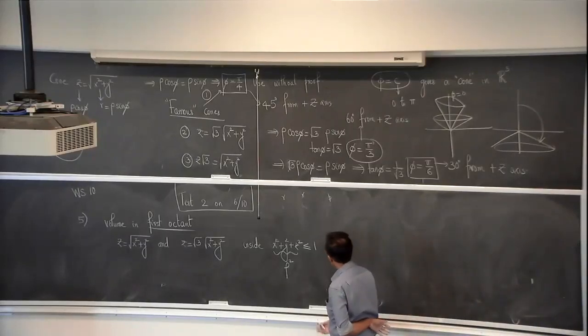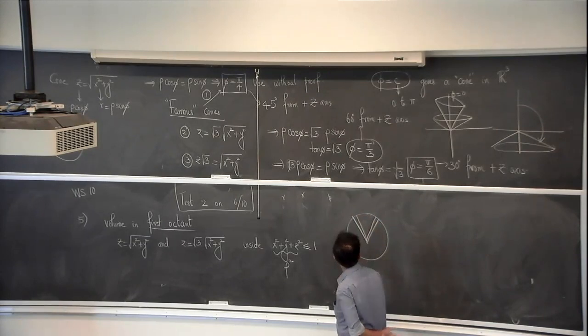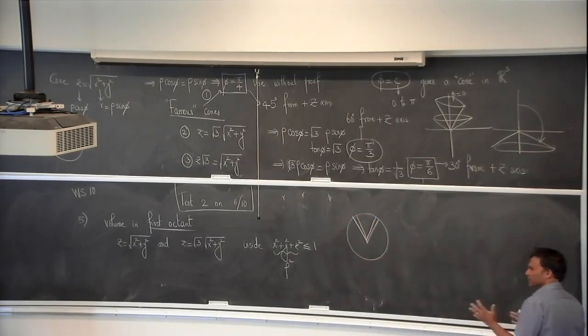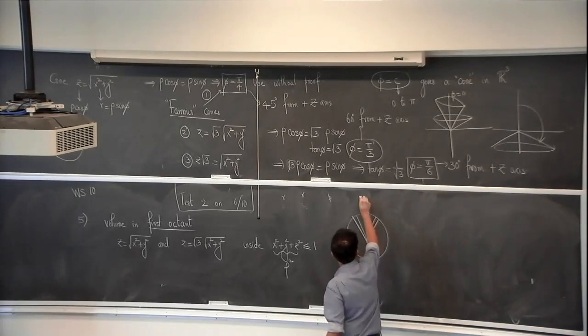All right, so the picture is a little clumsy. I mean, it's a sphere with kind of 2 cones carving it through. So your main task is to figure out which one is closer to the positive z-axis.